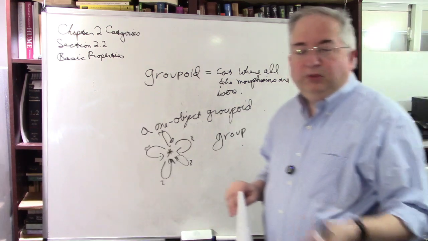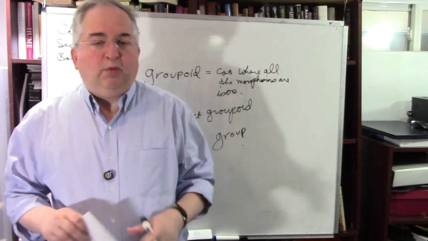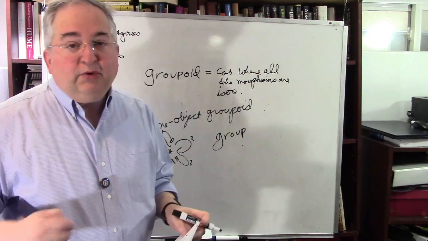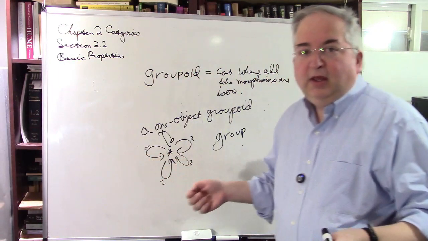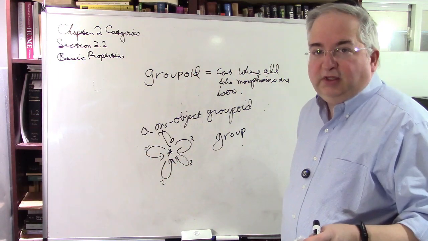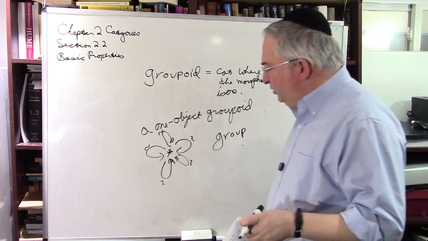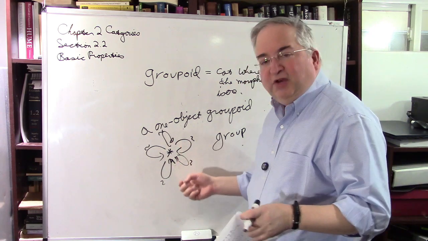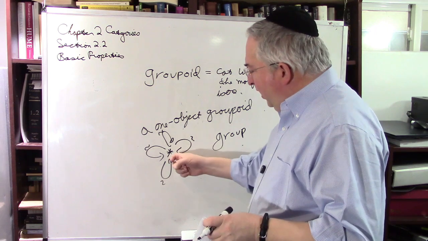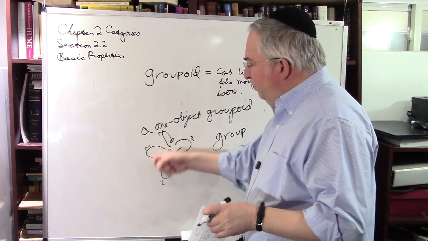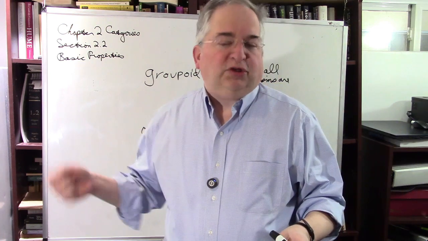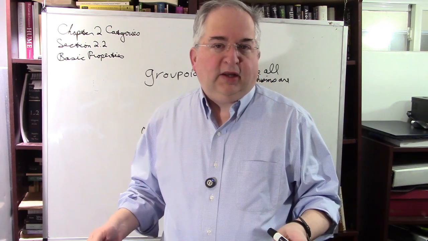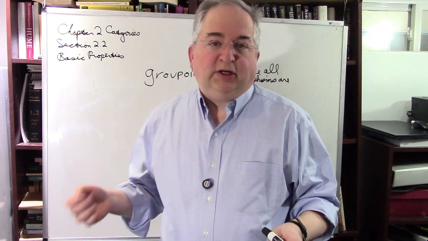Now we saw groups twice. We saw it in section 1.4, where we gave a formal definition. Then we saw it in section 2.1, where we gave it again as an example of an algebraic structure. That's very nice. But now we have another way of looking at it. It's a one-object category where all the morphisms are isomorphisms. We saw something else as a one-object category. What was that? Monoids. Every single monoid is a one-object category.